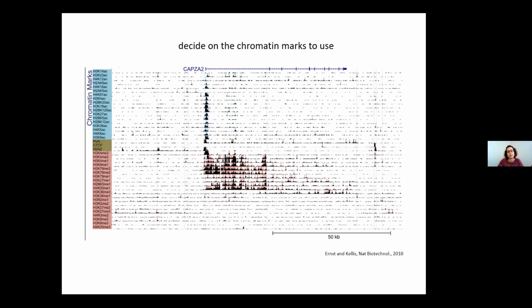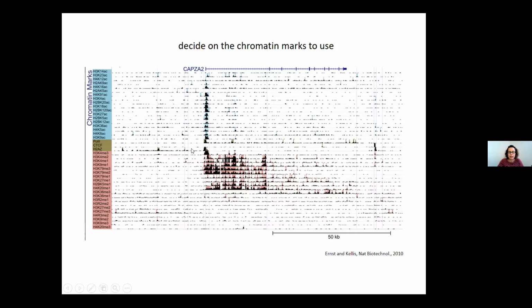Then next up, you have to decide what chromatin marks you want to include. So this is from the original ChromHMM publication. You can see that they've had an awful lot of chromatin marks. And it's quite obvious that the states can only reflect the chromatin marks that underlie them. And it's also clear that just when you look at the profiles, if you take one of these out, your states probably aren't going to change that much.